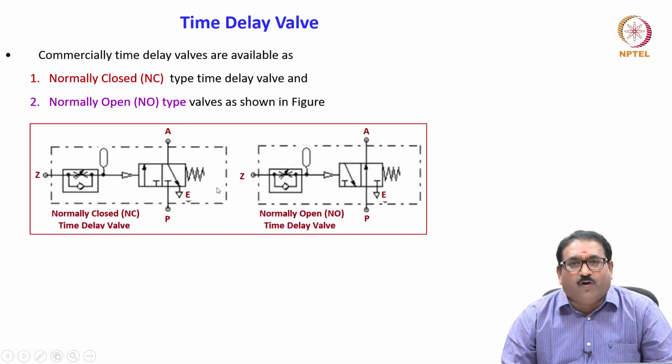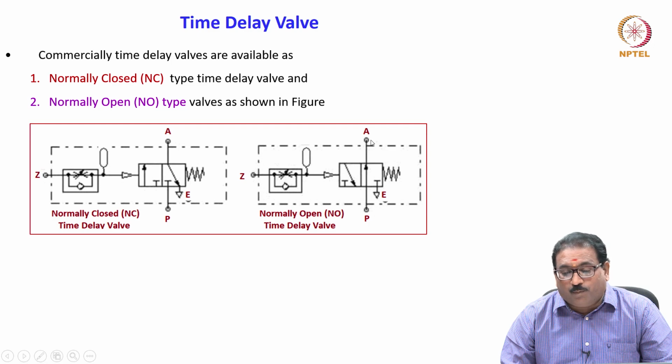Here the ports are all the same: P port, E port, A port and Z. But here you will see, as you have seen previously, A is connected to E. It is what we call the normally closed time delay valve. This is also available: the normally open time delay valve, meaning it is open. When you apply the time signal, it stays open up to that time. After reaching the certain time set here, it will be closed. Both are available in the market.